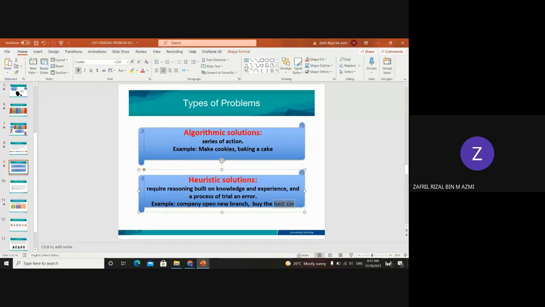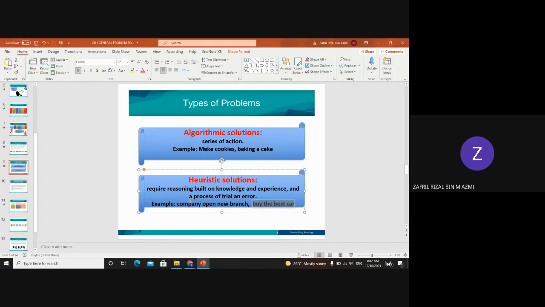For your daily life, for example, you want to choose which person should be your girlfriend or boyfriend. So there's no really straightforward solution for that.